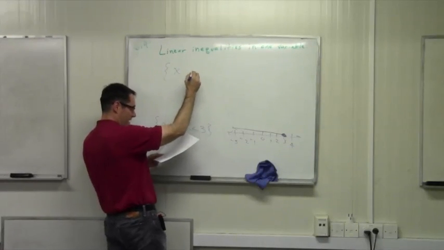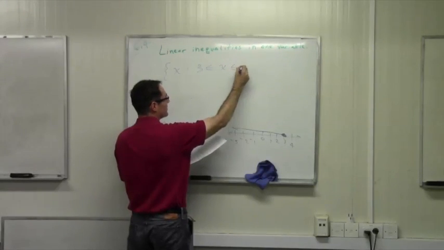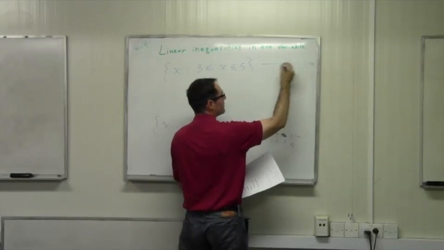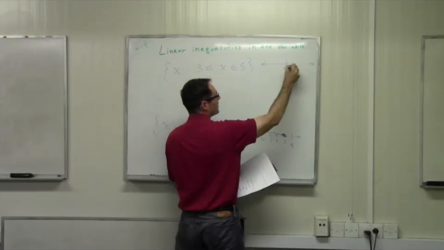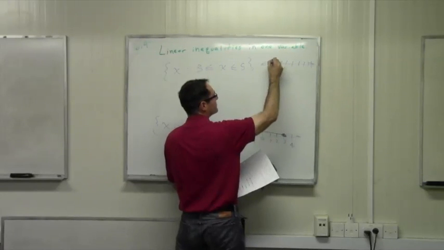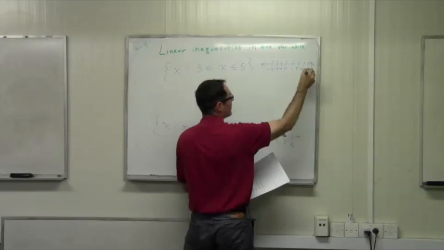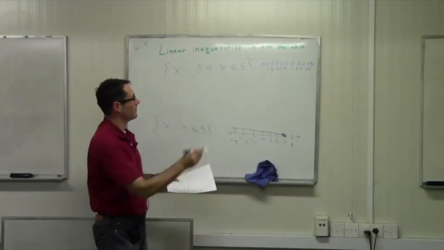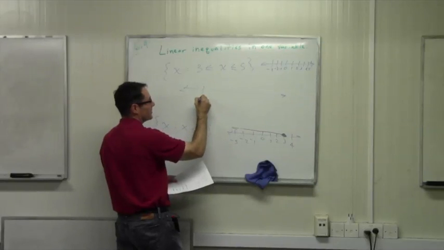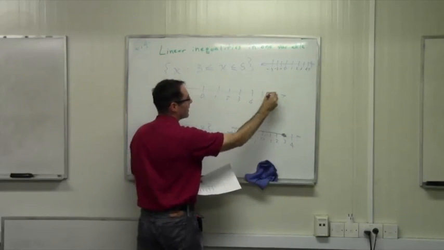How about this? x such that 3 is less than or equal to x, which is less than or equal to 5. On a number line, I'll write it a little bit bigger so we can all see it. I'll start 0 here: 0, 1, 2, 3, 4, 5, and 6.